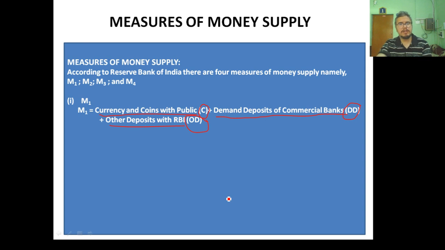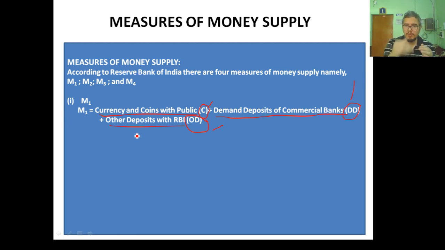So in abbreviation we can say that M1 equals C plus DD plus OD. Is it clear? Currency and coins with public is C, demand deposits of commercial banks is DD, and other deposits with RBI is OD.